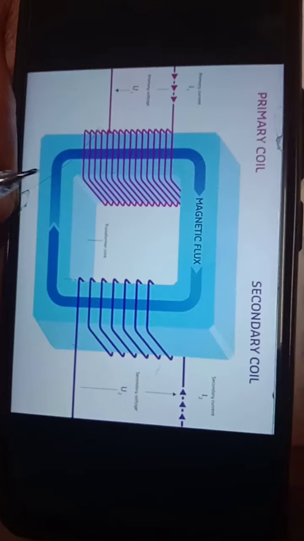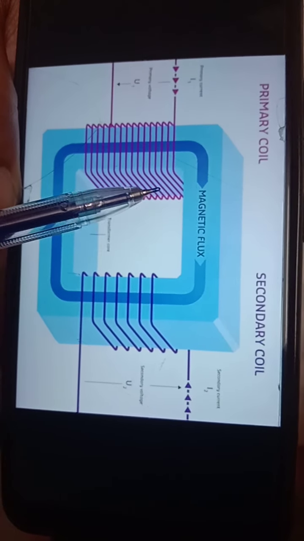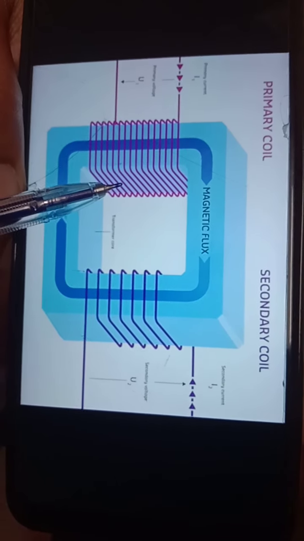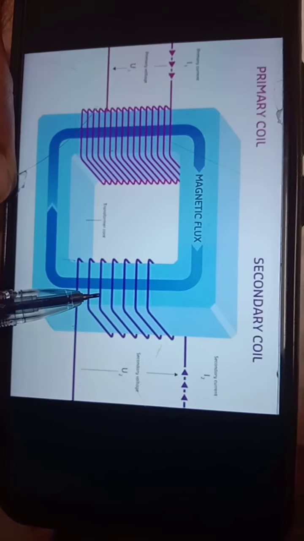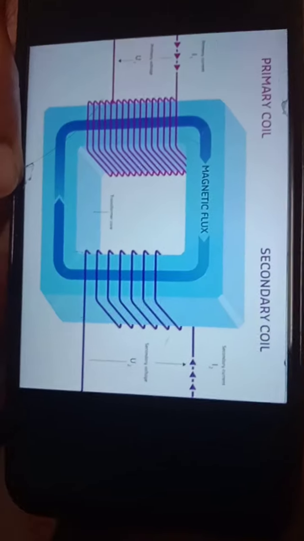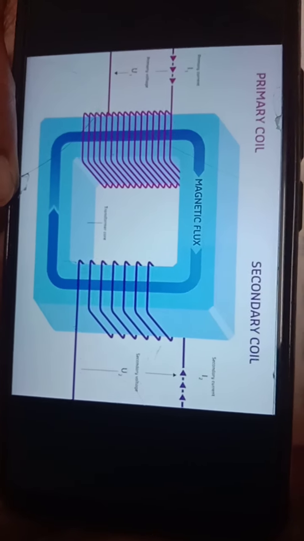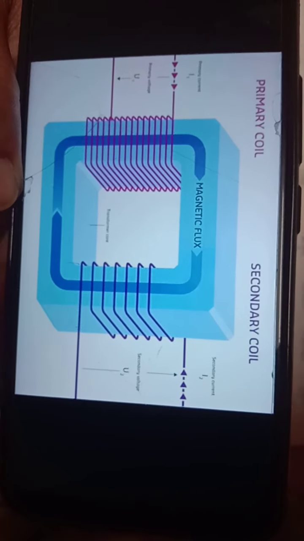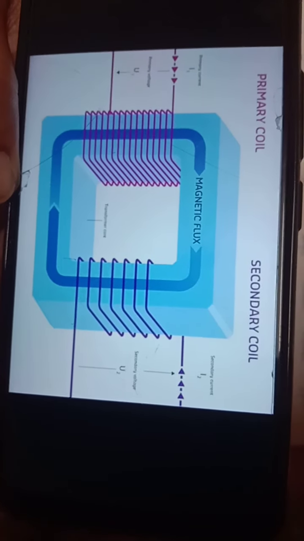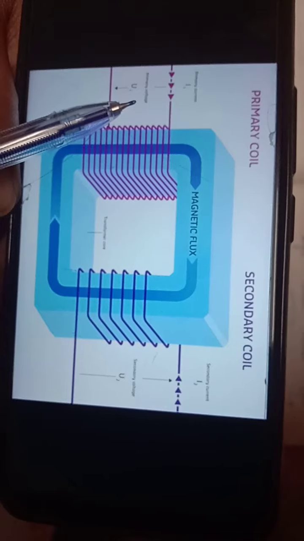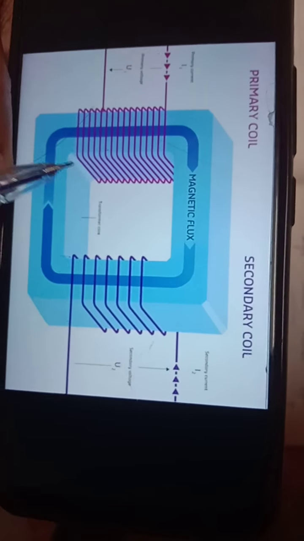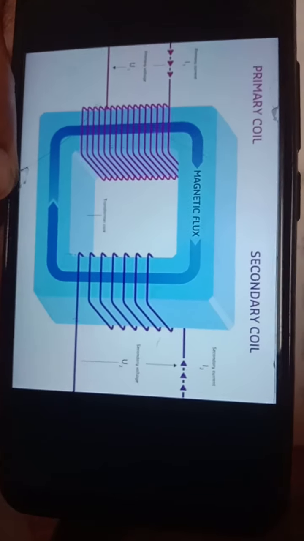That means what? The magnetic flux linked with the primary coil is not equal to the magnetic flux linked with the secondary coil. That's why there is no perfect coupling, because the magnetic flux of the primary coil and secondary coil are different. So because of that, some amount of electrical energy supplied to the primary coil is wasted.